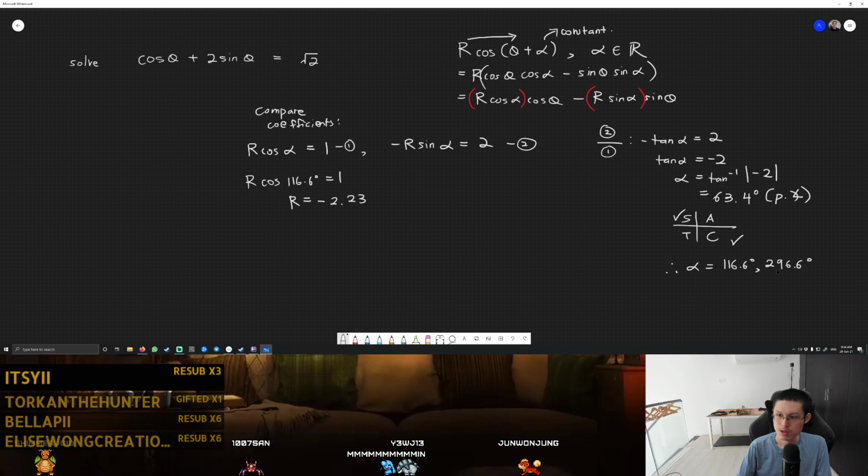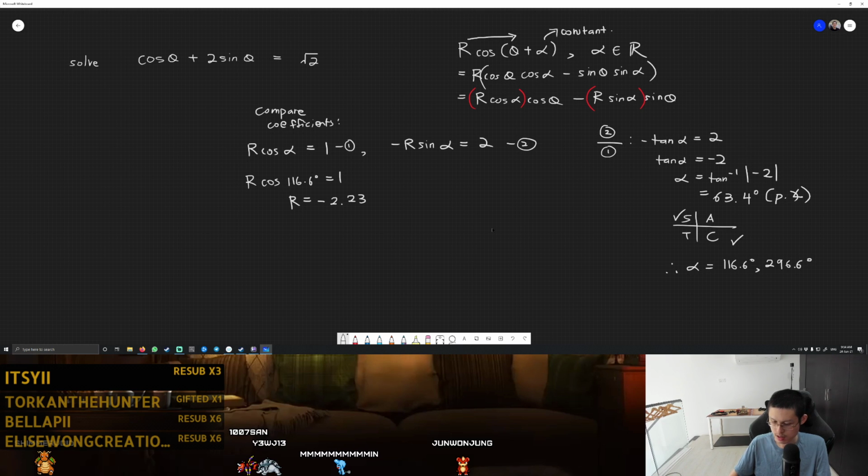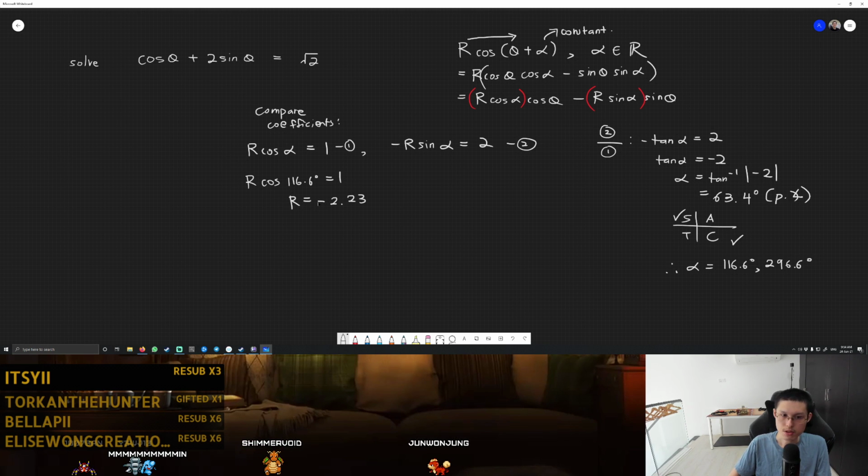What if you use 296.6 here? Actually no, you wouldn't get the same thing. You will get a positive value for r. So r would be positive here instead.